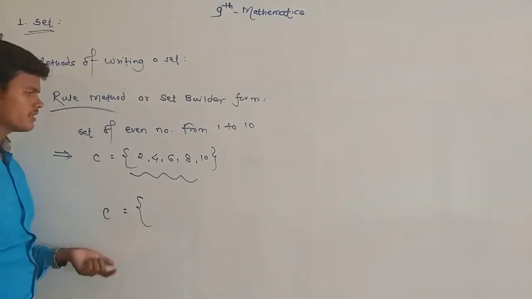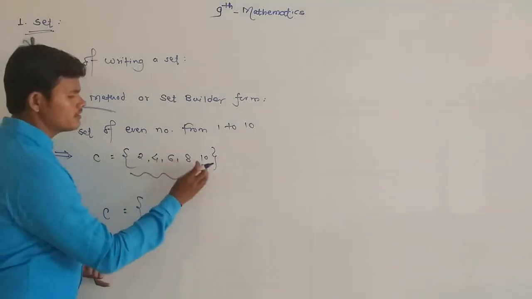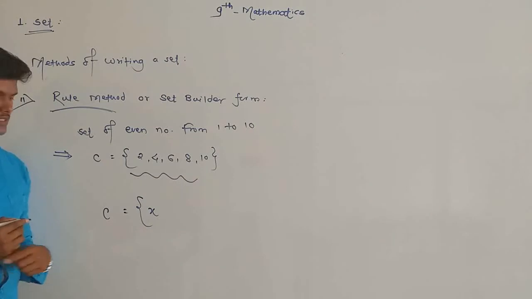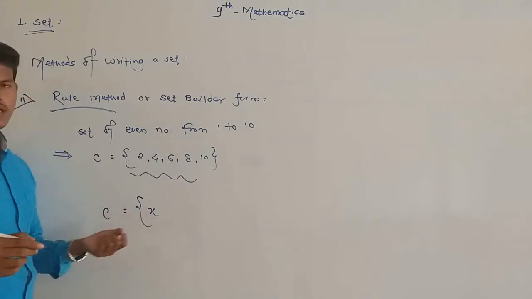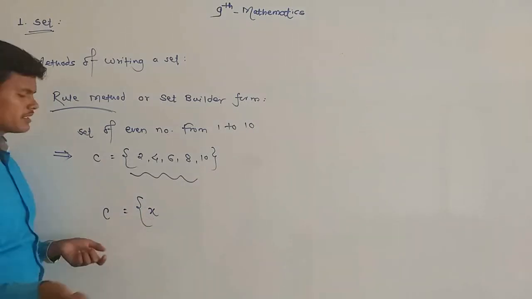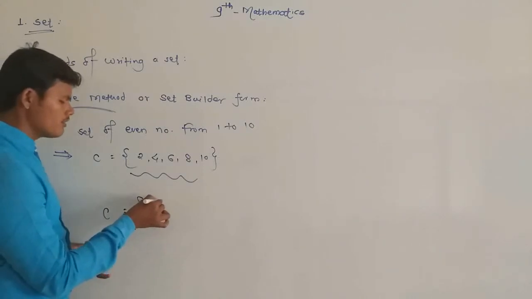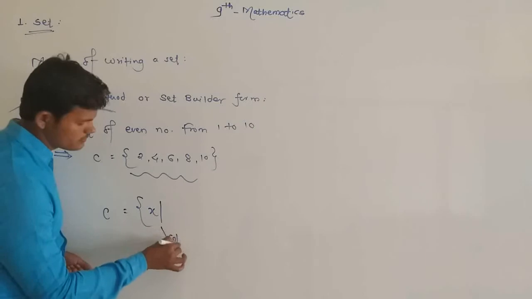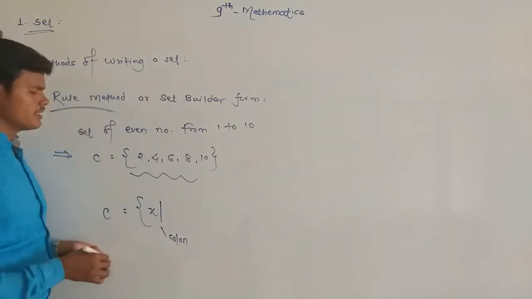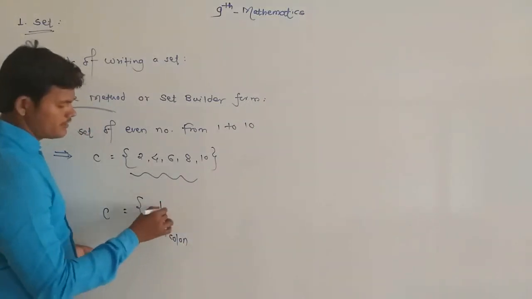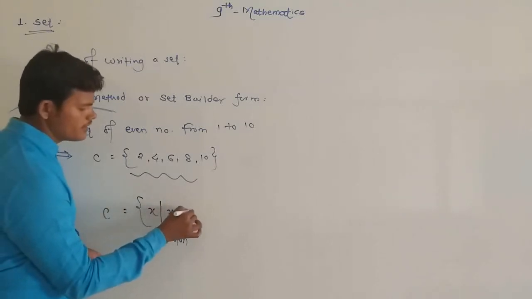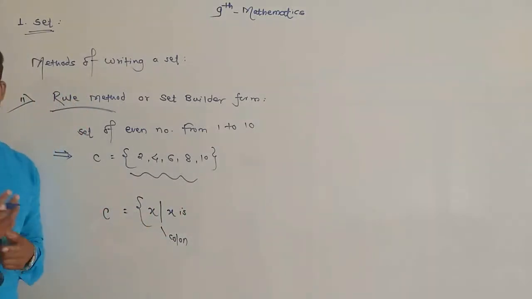Okay, next part is instead of writing elements we are assigning a variable. For A to Z, write the variable in small letter, X, followed by a vertical line. It is also called a colon. So X is an even number. How do we write an even number?